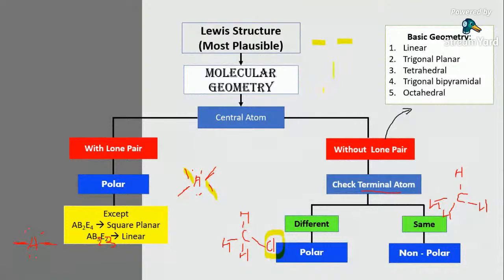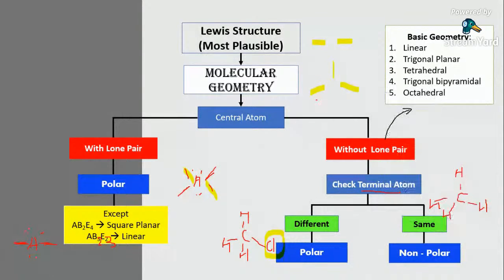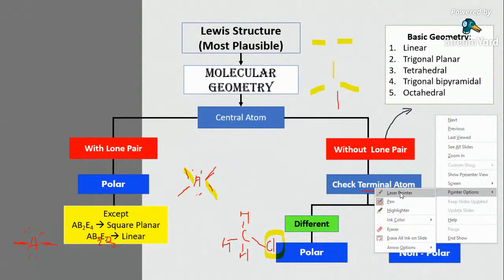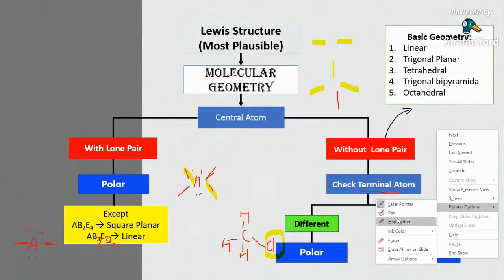Trigonal planar like this will form vectors. These two produce a vector, and when joined together they produce a vector downwards. That's why up and down cancel. I can only explain this briefly.